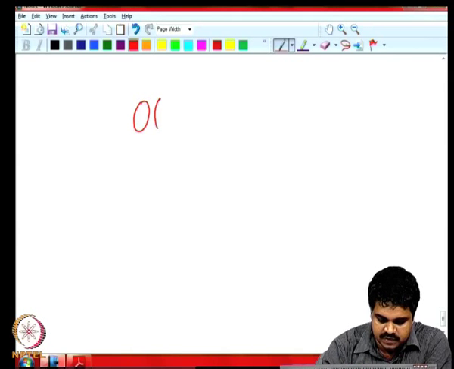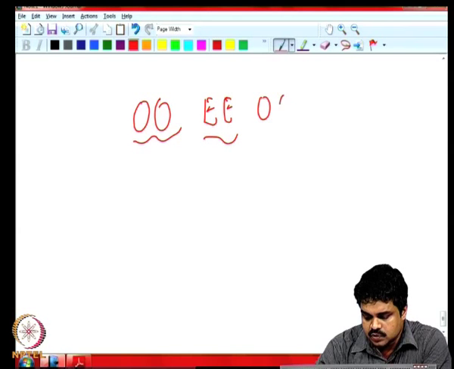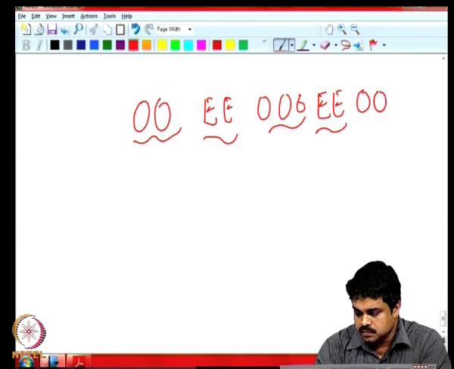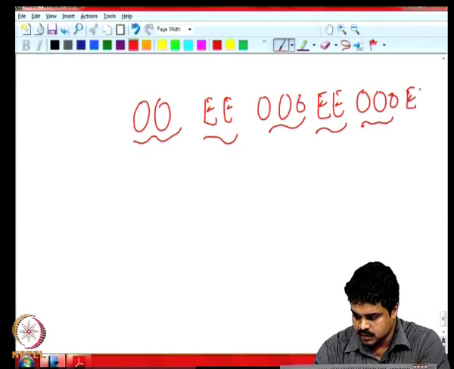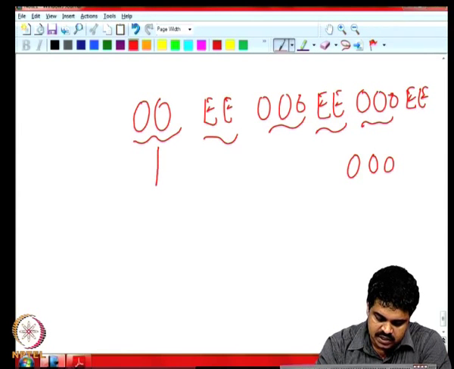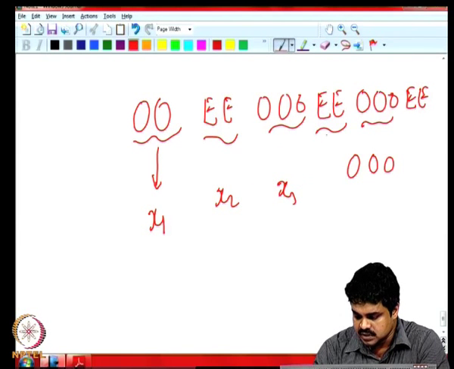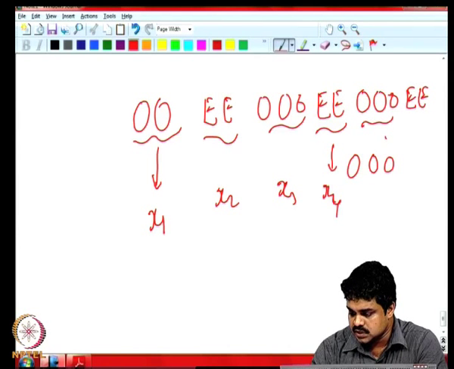Because we start with an o run, the middles will be an e run, then o, then e, then o, then e, and one more o. So, let us say the number of o's is x1, the number of e's is x2, the number of o's is x3, then x4, x5, x6 and x7.